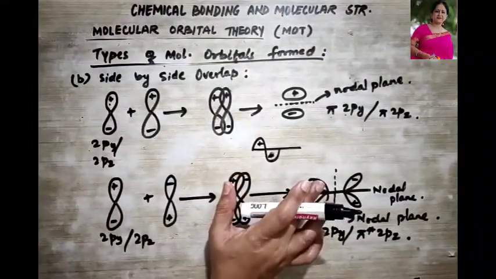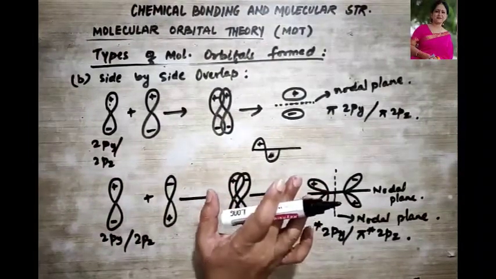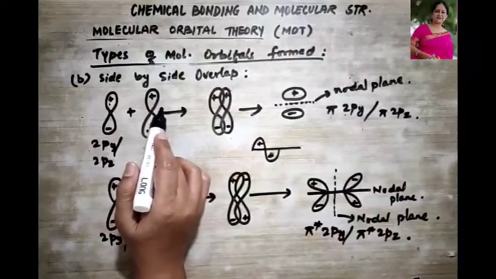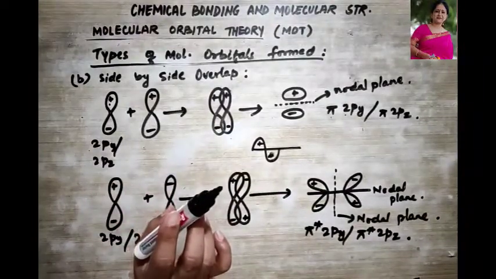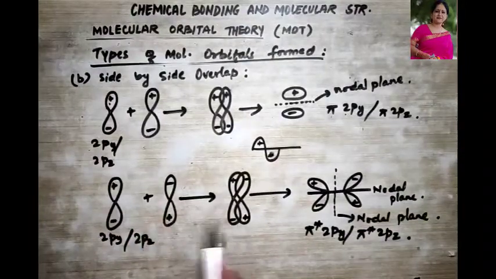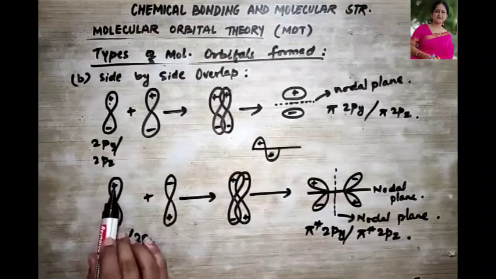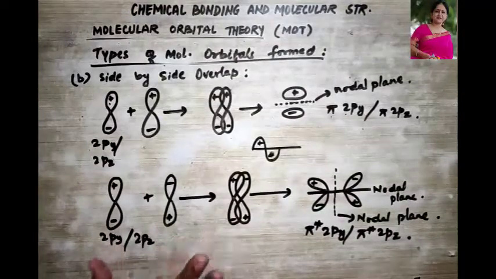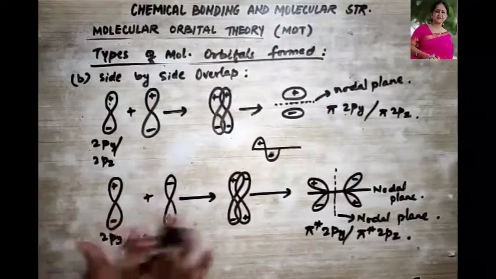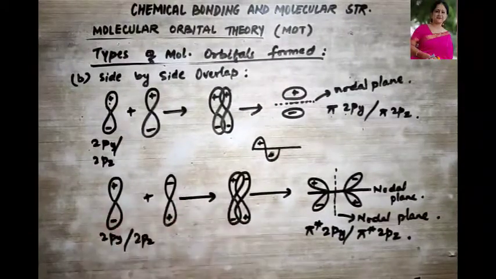Now the bonding molecular orbital is always formed by the combination of plus with plus and minus with minus parts of the electron wave, whereas the reverse, the anti-bonding, is always formed by the orbitals of plus and minus signs. Okay, over here plus and minus signs do not have any relation with the charge. Do remember.